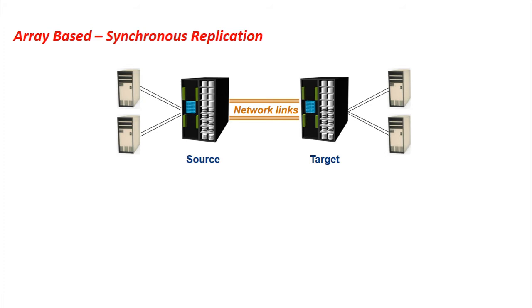Additional writes on that source cannot occur until the preceding write has been completed and acknowledged. Suppose one data has been written to the source; before writing the next data to this source, that data has to be written to the target, and then an acknowledgement has to be received by the host. Only then can the host write the next data. We have this diagram that shows the array-based synchronous remote replication process.